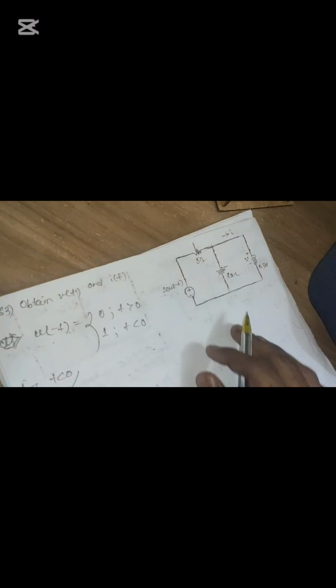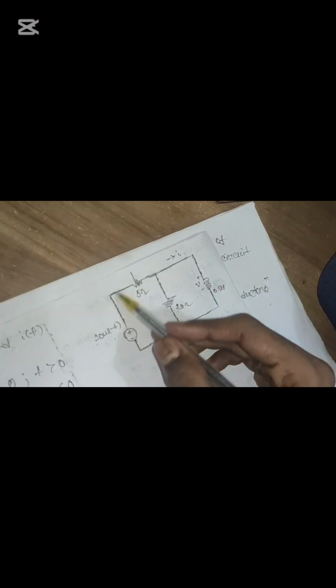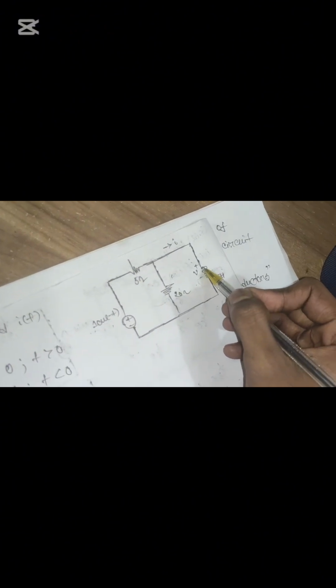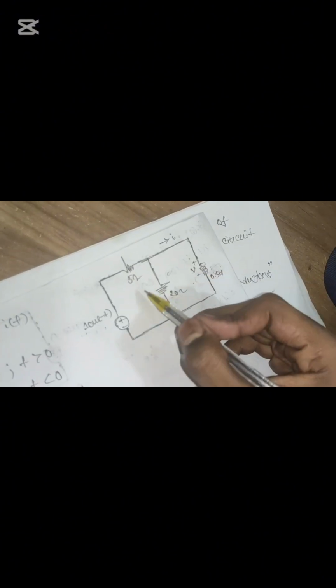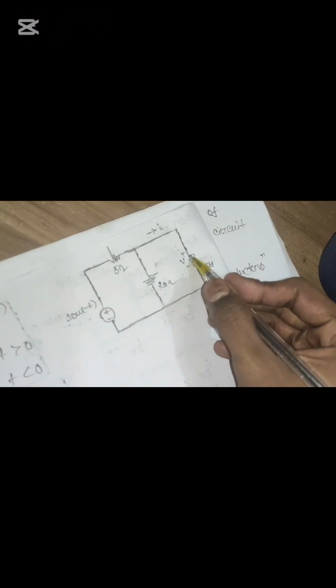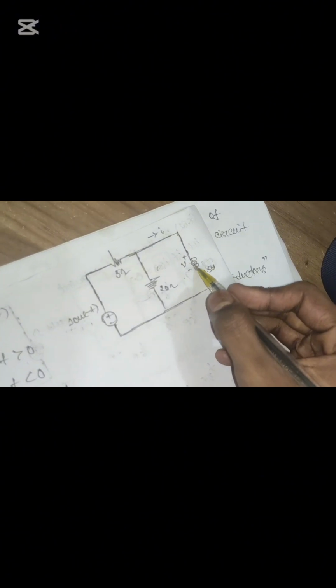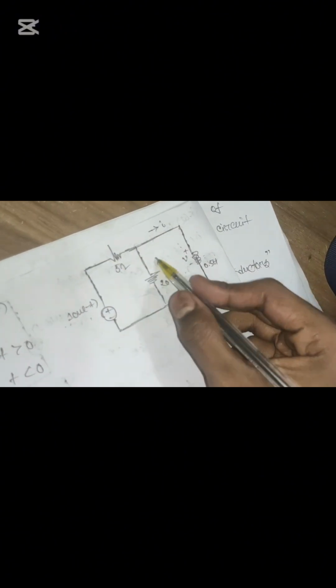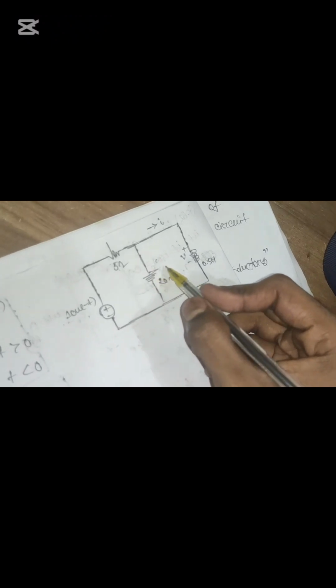So the whole voltage source will be 10. For t less than 0, the whole circuit will be in steady state mode. If the whole circuit is in steady state mode, we can replace the inductor with a short circuit. So what will be the value of the whole current? The 10 volts will come through this 5 ohm, and there will be no current flow through this 20 ohm resistance.